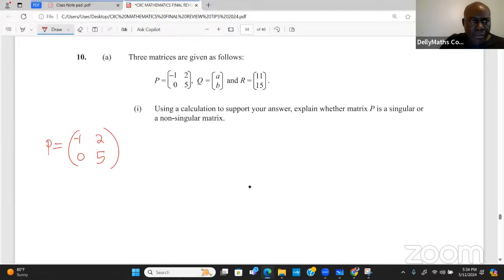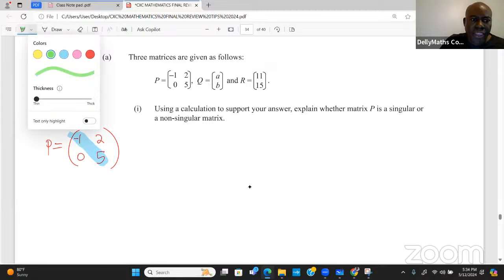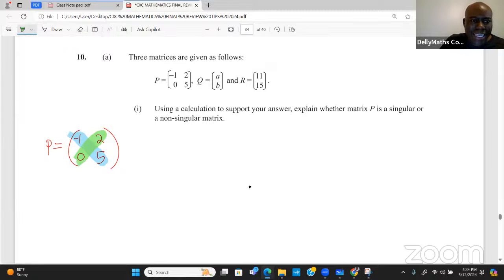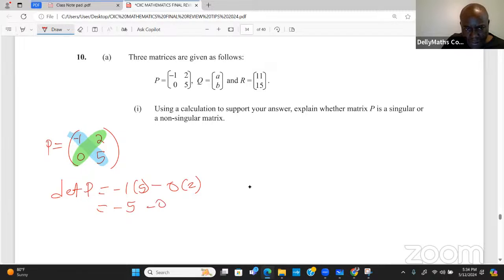To find the determinant, it is the product of the main diagonal, which I put in blue, minus the product of the other, non-leading diagonal. So the determinant of P is -1 times 5 minus 0 times 2. -5 minus 0 is -5.